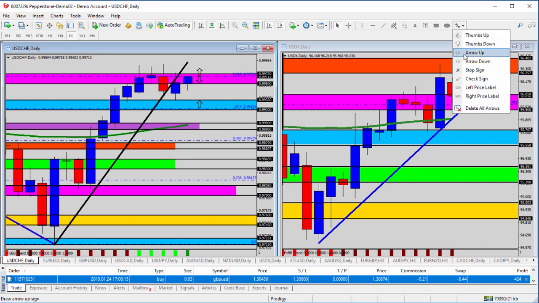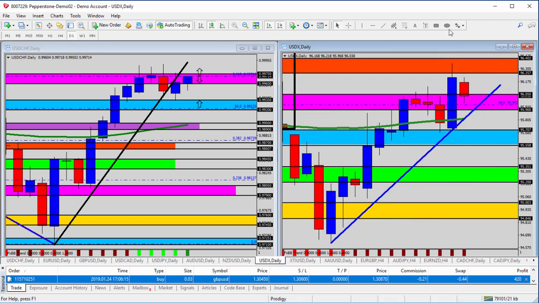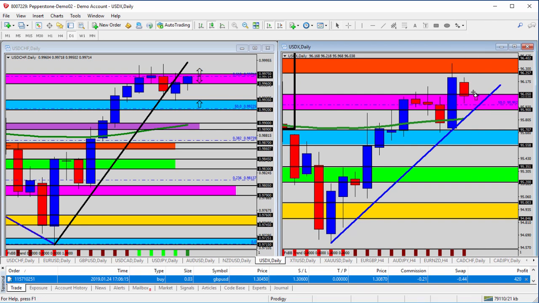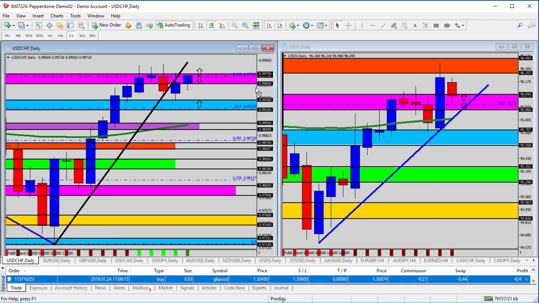So if the US dollar stays above that pink shaded area and the 96 level and starts to move higher, we may have increased confidence that the dollar franc will push through 99.75 and continue to move up as well. On the other side of this, if the US dollar were to get back under the pink zone, we might expect the dollar franc to move back down again towards the blue shaded area.